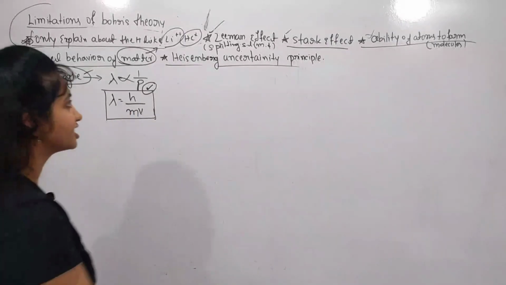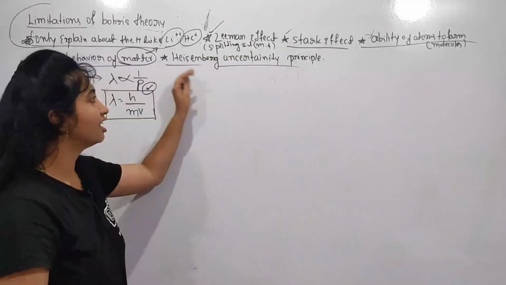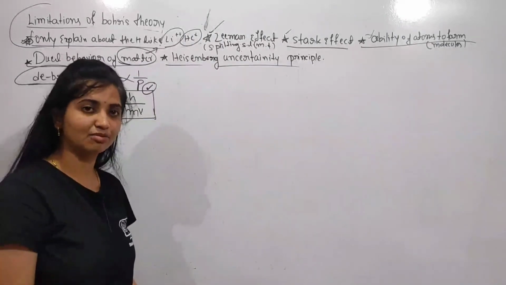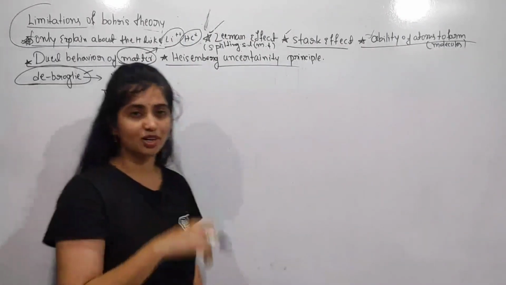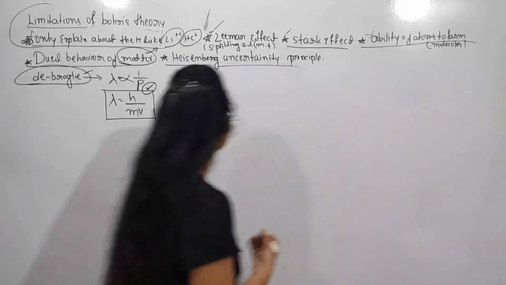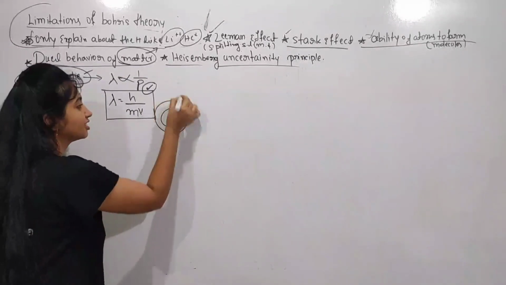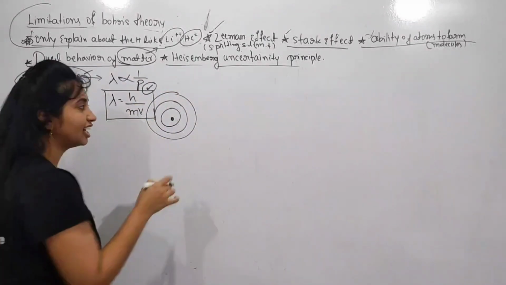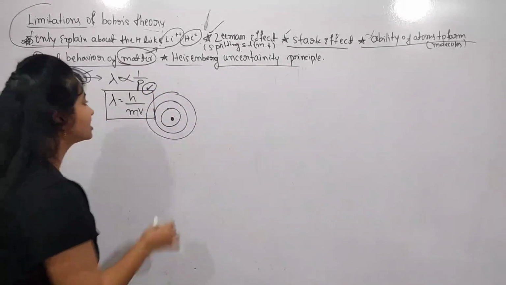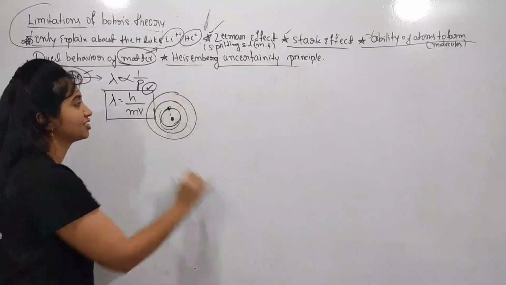And next, the Heisenberg uncertainty principle. This principle gives us a lot of information to develop the quantum mechanical model. In Bohr's model and Rutherford's model of the atom, we studied that there are definite circular paths in which the electrons revolve. That means it would be easy to determine the position and the path of the electron.